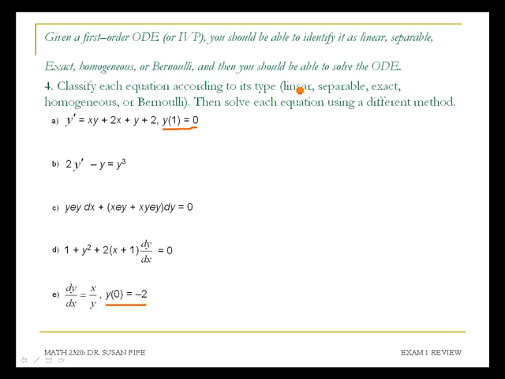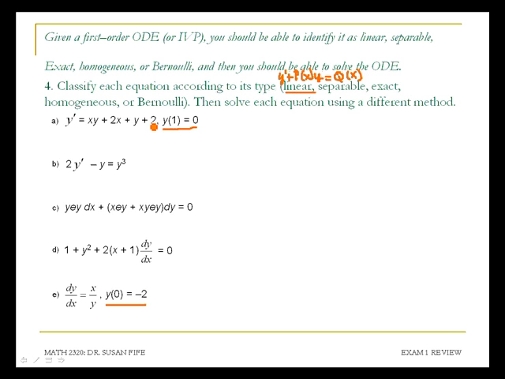But let's look at first linear. On this first equation, my derivative term is fine. You want that to be by itself. Actually, the form for linear would be if you can write the equation in the form y prime plus some function of x, p of x, times y is equal to another function of x, q of x.